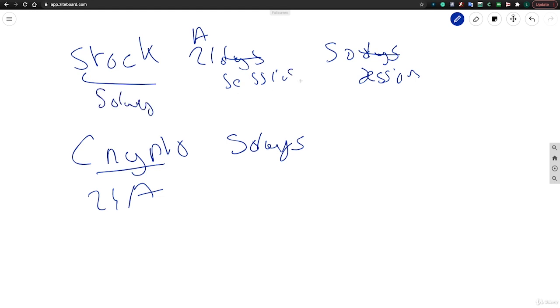That's why we are talking about sessions here and days here. 5 days and 20 days. Essentially, algorithmic trading rules might depend on which type of asset you are trading. Here we are trading cryptos, and it's interesting to use 5 days, 20 days, whilst if you are trading stock, 21 sessions, 50 sessions is going to be more interesting.